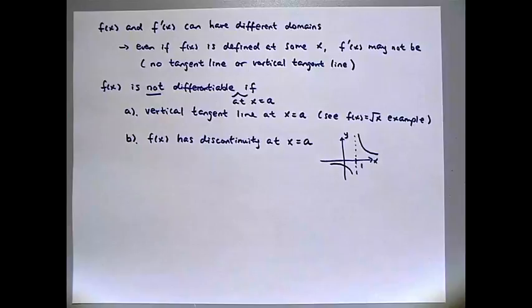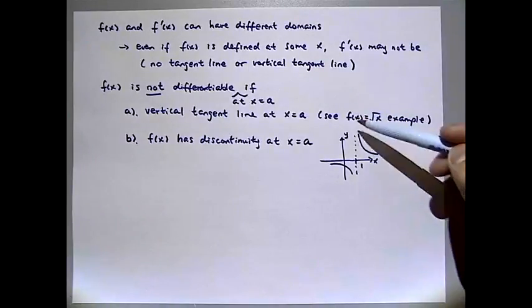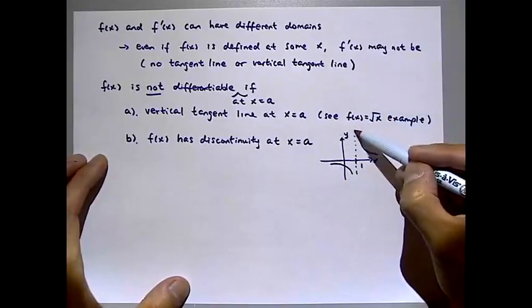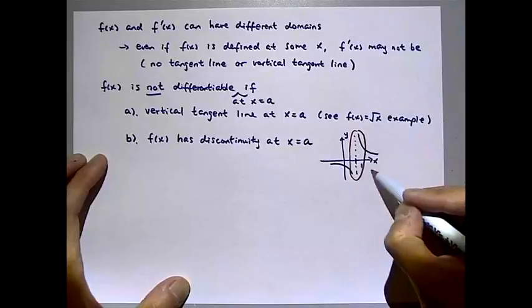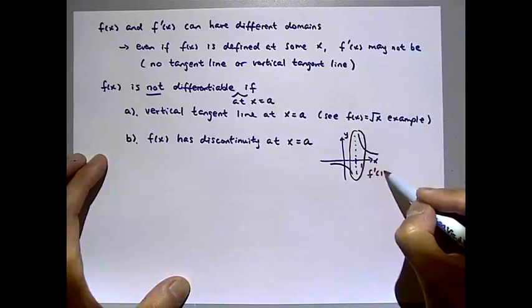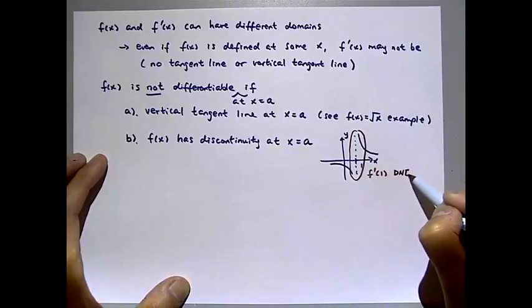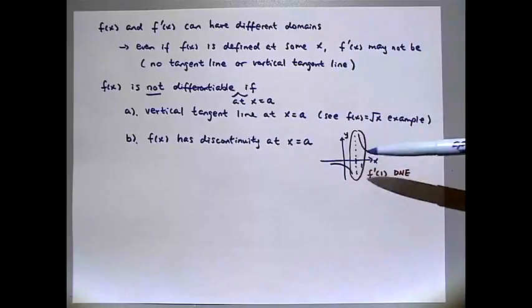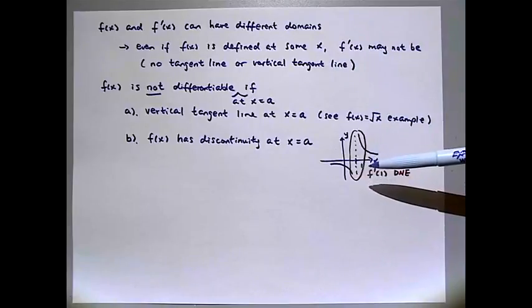So here's an example of that. We have a vertical asymptote at x is equal to 1, a clear discontinuity. So this means that f prime of 1 does not exist. Now, how would you try to place a tangent line at the asymptote right here? You cannot be on the function there. So therefore, there's no way for you to place a tangent line there. And this applies to all kinds of discontinuity.